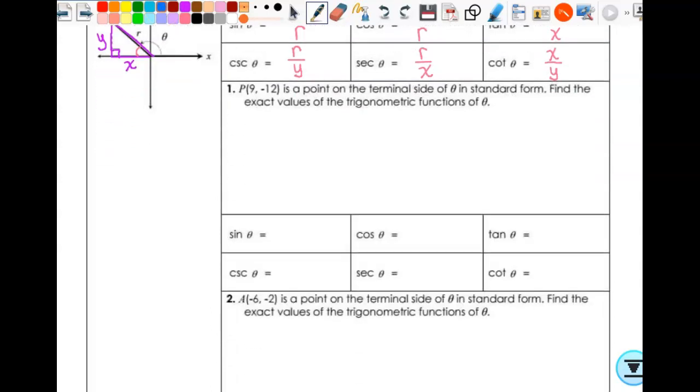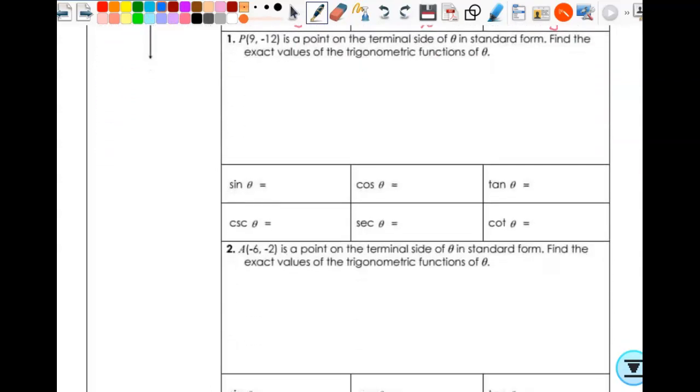All right, so I have this point, 9, negative 12, right? So I know, because I can plot points, that 9, negative 12 is in the 4th quadrant. So I'm not just drawing a triangle here. I'm going to draw it on a coordinate plane. So 9, negative 12 would be right here.